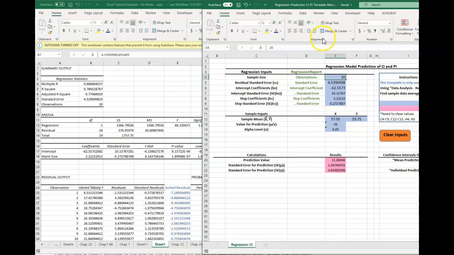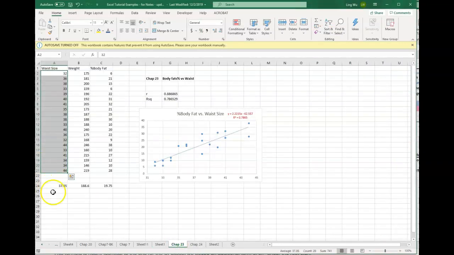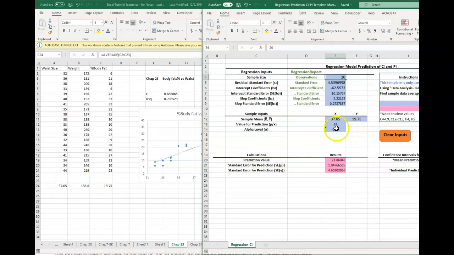A simple way to get these is from our original data. We just get the average value of this column and the average value of this column. Remember, this is x, the mean value of x, and this is the mean value of y. So fill in these two values, 37.05 and 19.75.